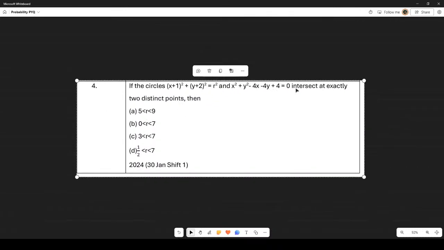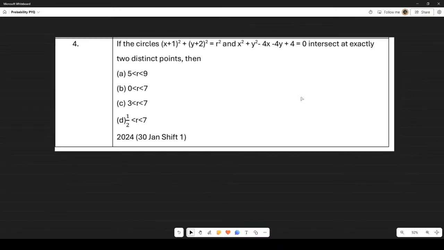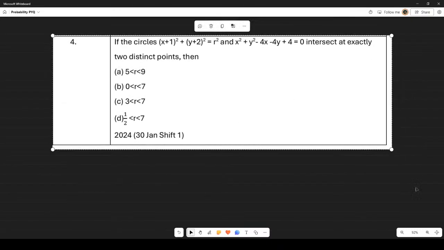You should finish before I do it, isn't it? That's the right strategy. Do this. Condition I reminded you. These two circles intersect at exactly 2 distinct points. How to solve it?